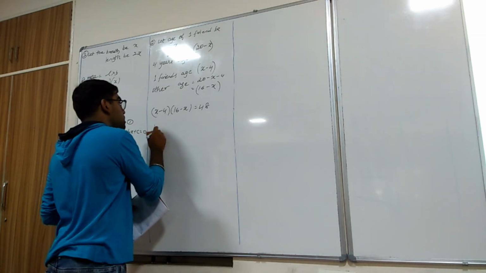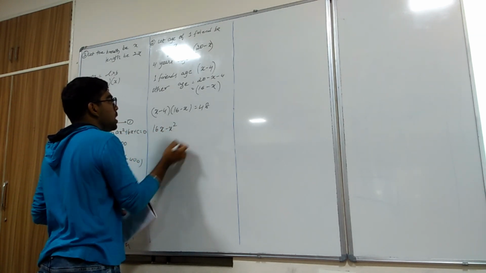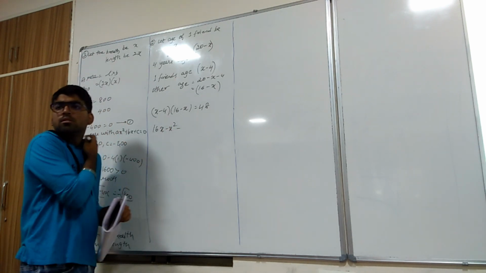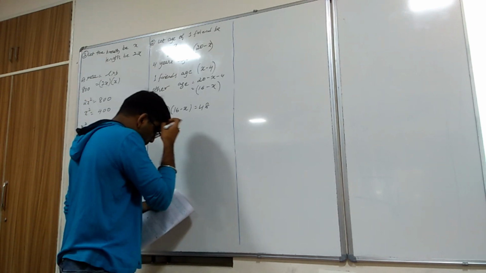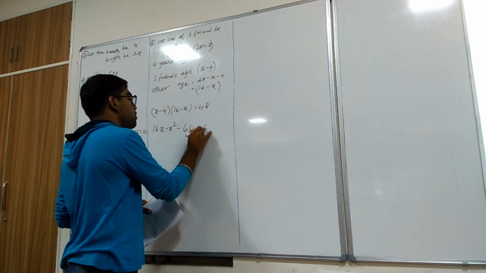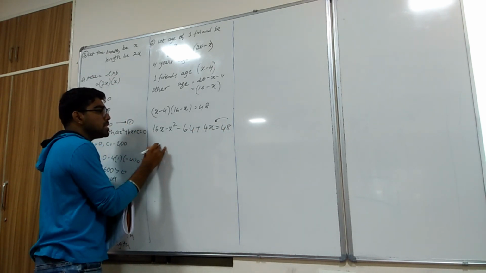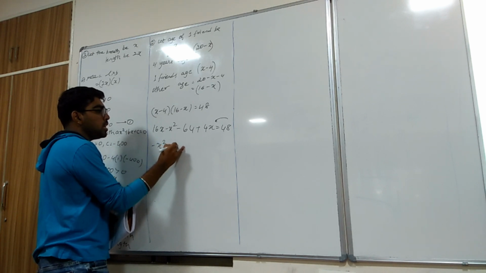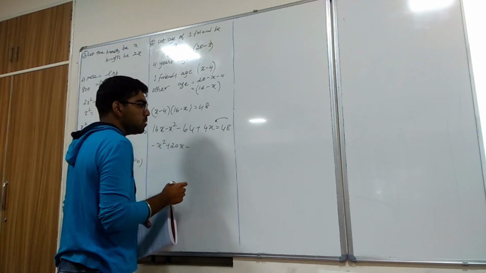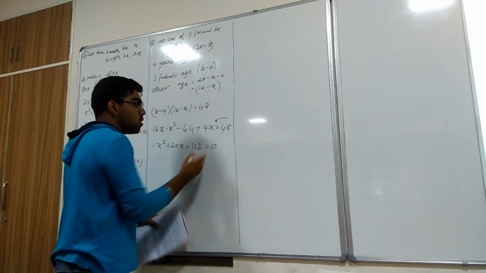It will be 16x minus x square minus 64 plus 4x equals 48. So 48 equals minus x square plus 20x minus 112 equals 0.